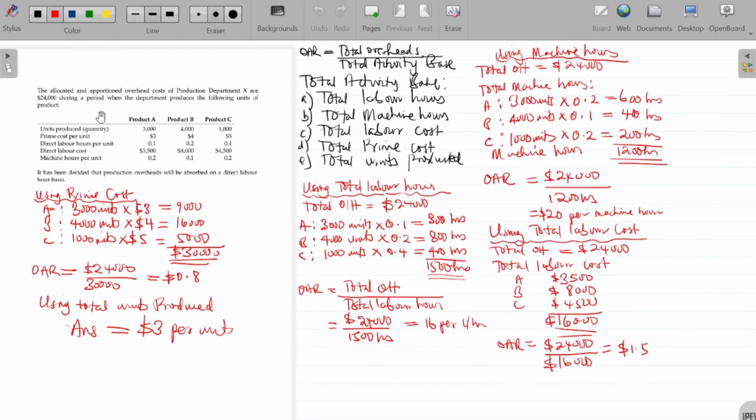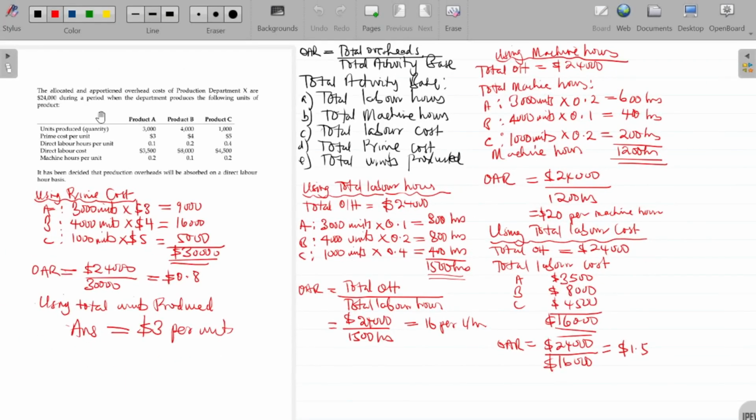Okay, now let's use total labor hours as the first approach, and let's calculate the overhead absorption rate. Now, the total overhead given is 24,000 as stated in the question.